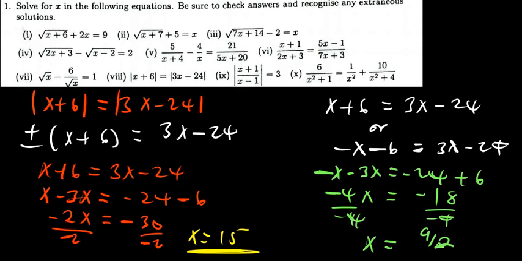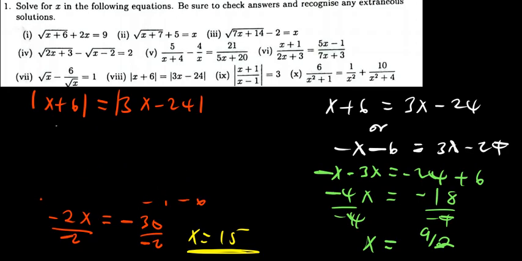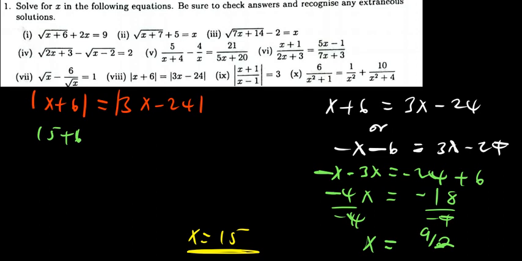But let's see, do we have any extraneous solution? We start by proving with 15. If I put 15 here, it will be the modulus of 15 plus 6 is equal to 3 times 15 minus 24.